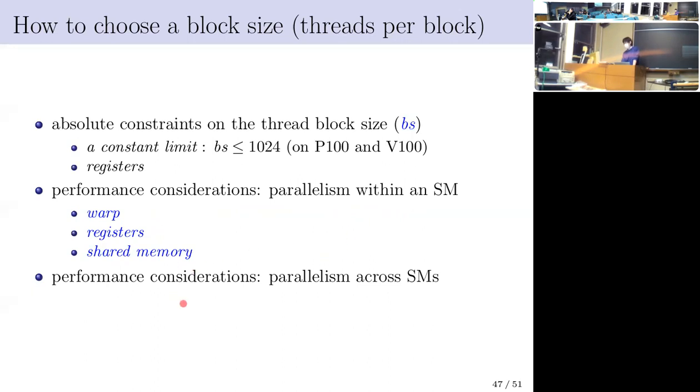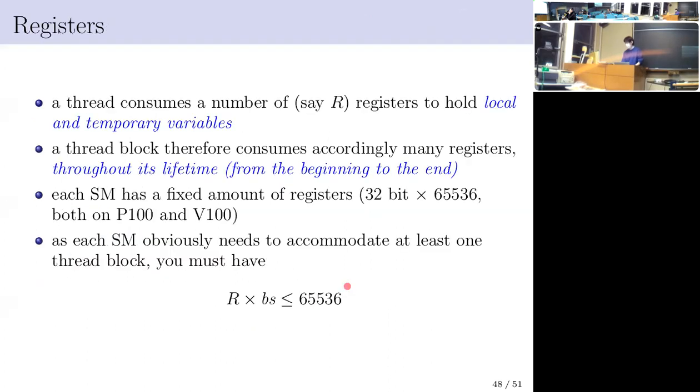The other is, of course, when you have, for example, 108 streaming multiprocessors, you want to use all of them to get more performance, right? So the other dimension is the parallelism across streaming multiprocessors. These things are generally what you need to consider when you choose the appropriate block size.